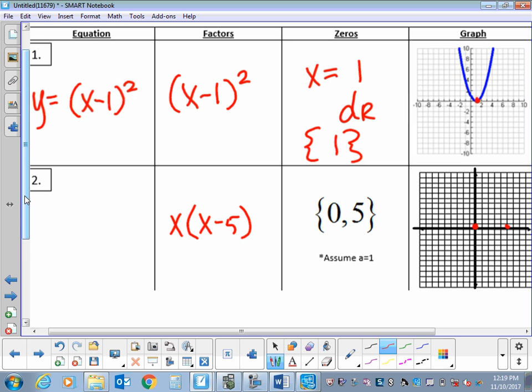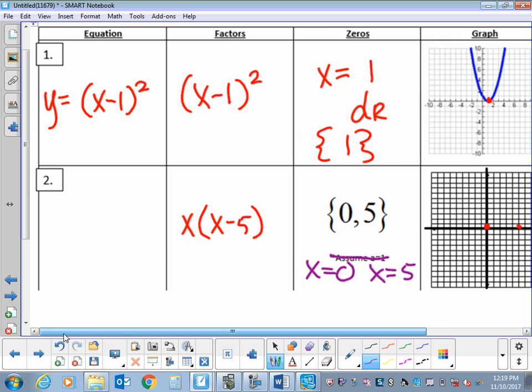My other class, they wanted to see it better, so for all their zeros, they went on and changed it to x equals 0, x equals 5. That is okay to do, because then they could see their factors better. So what's my equation? Y equals x times x minus 5.